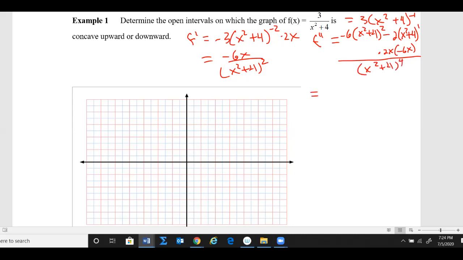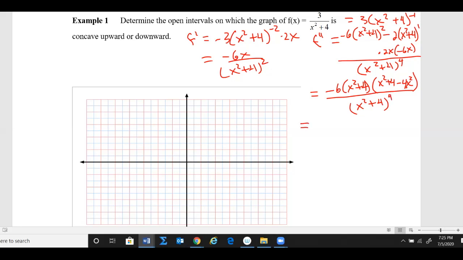Now if we reduce that, we'll pull out a -6 and we'll pull out an x squared plus 4. That leaves behind an x squared plus 4 and a minus 4x squared, like so, which is over x squared plus 4 to the 4th.